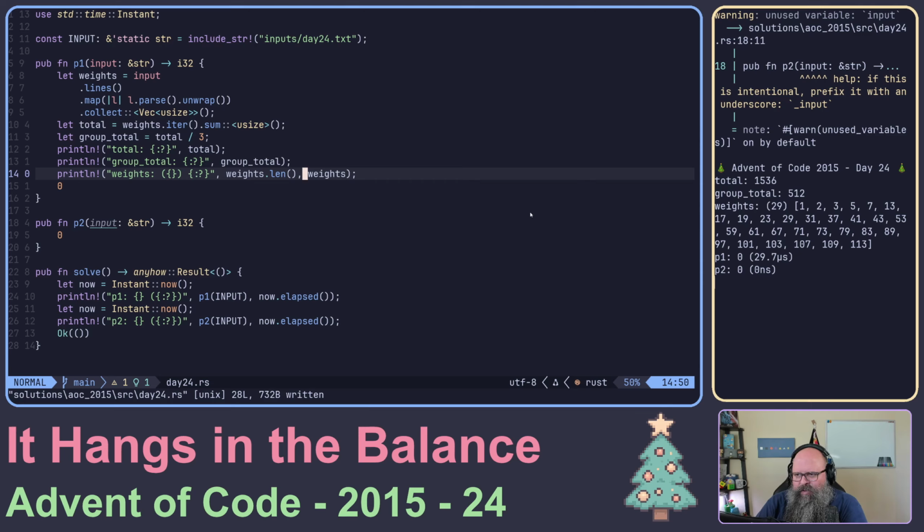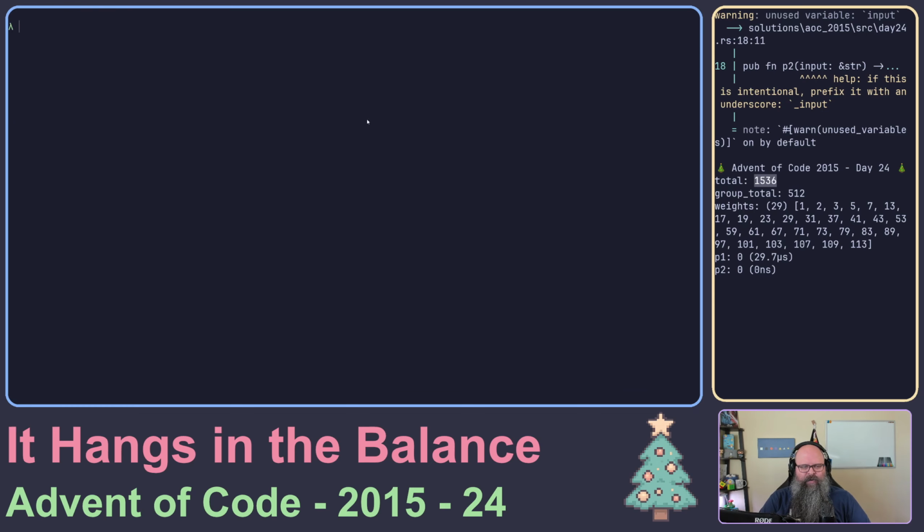Like some bounds. So there's 29 weights going to 1536. So if we do 1536 divided by 29, on average each weight is about 52.